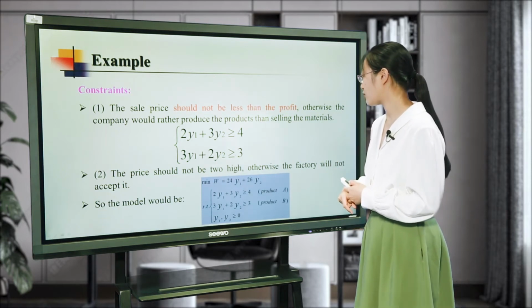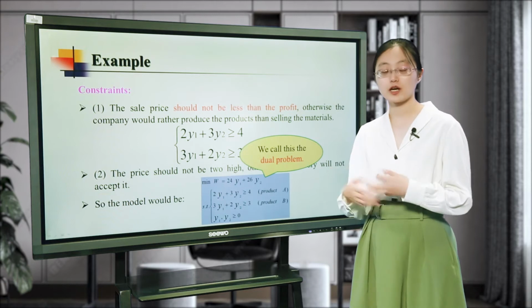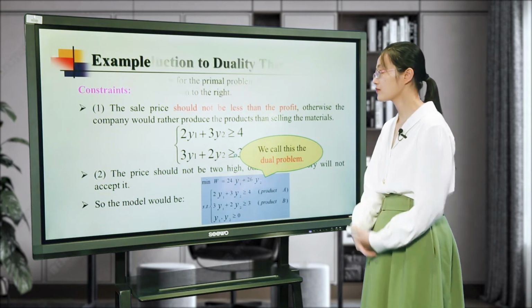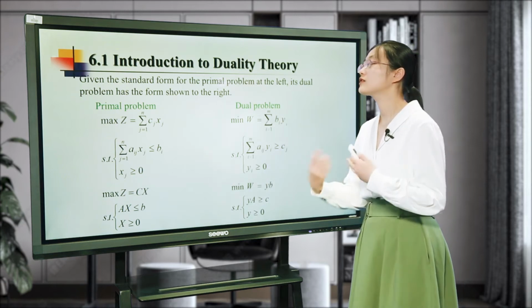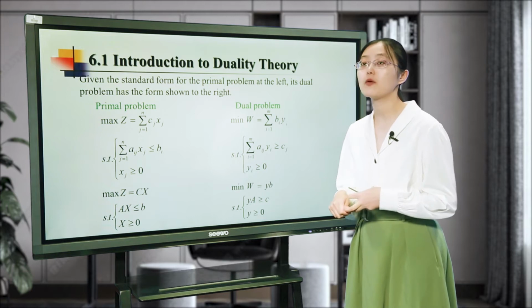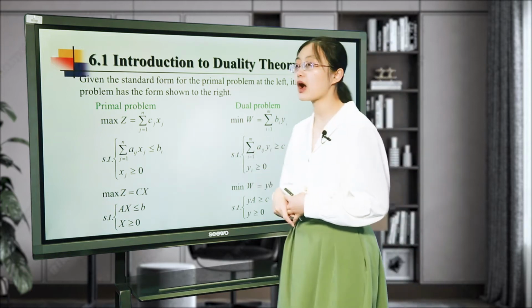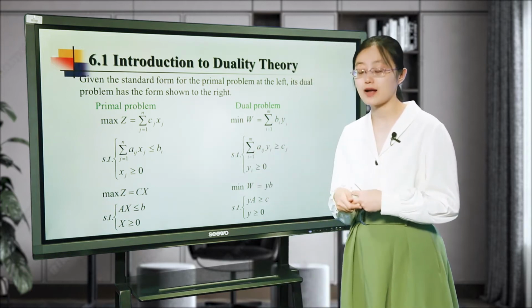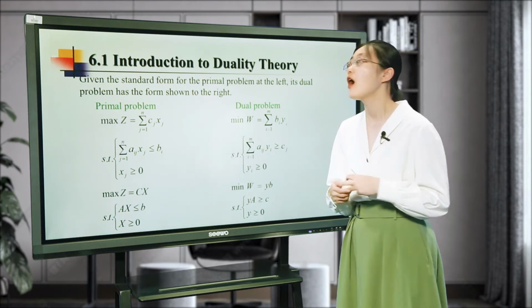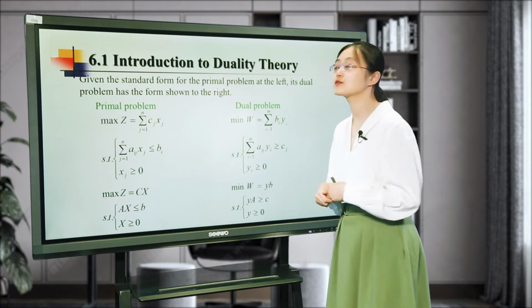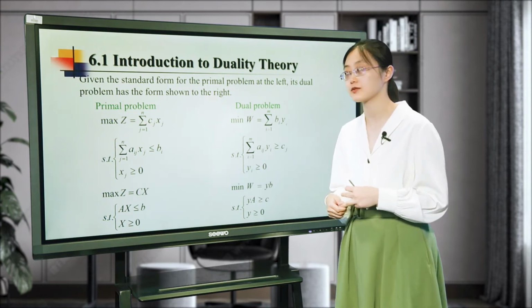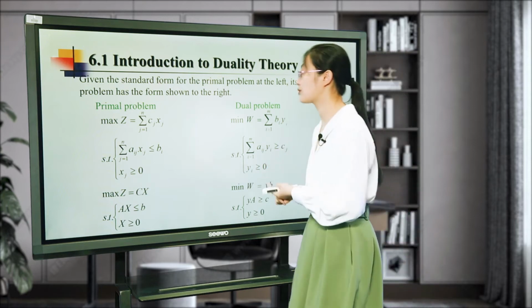So this problem, in contrast with the primal problem, is called a dual problem. We say that the primal problem and dual problem are actually related. In our example, the primal problem is from the company's point of view. We want to maximize the profit. From the factory's point of view, they want to minimize the cost of the materials. And then we have these two problems.